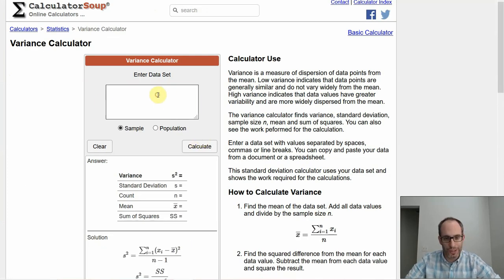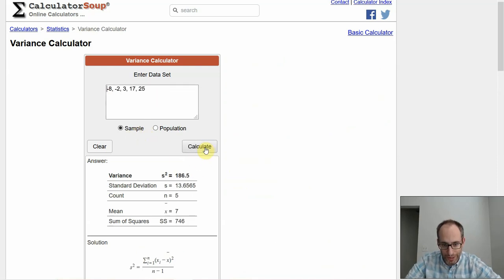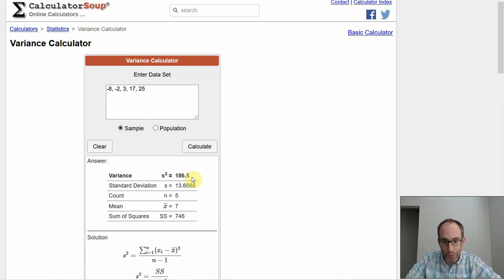So for the one that we just did, if I put in our data set where we had 3, 25, -8, 17, and -2, and it is a sample variance that we want, and if I click on calculate, there are the numbers. We had 186.5 for the variance, and our standard deviation, I rounded to 3 places and said it was 13.657, but that's it. And yep, that was the mean that we had. And that was the sum of squares, because that's the numerator, the sum of the squared deviations. It was 746.